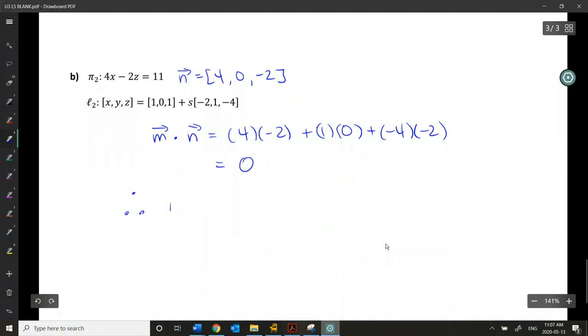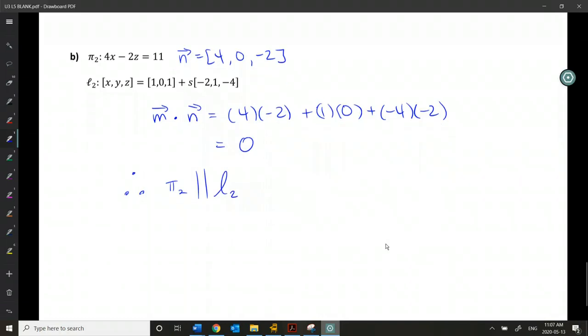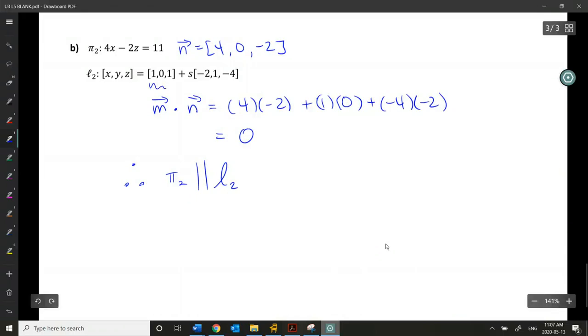So therefore they are parallel. And basically we would just need to decide at this point whether they're parallel coincident or parallel distinct. We can do that super quickly by just testing the point in our position vector here and seeing if we get a true statement in the plane.